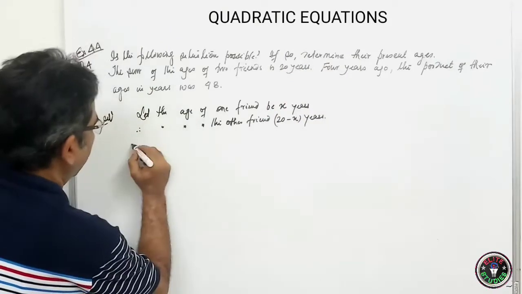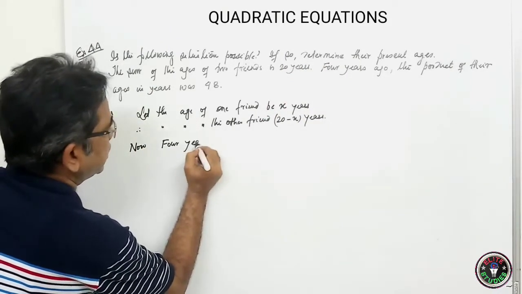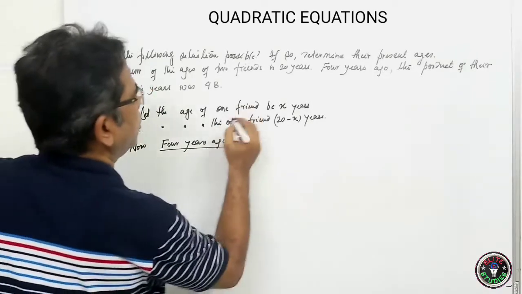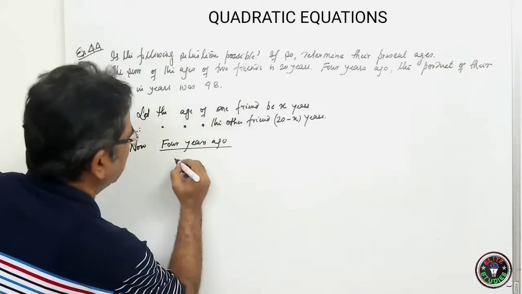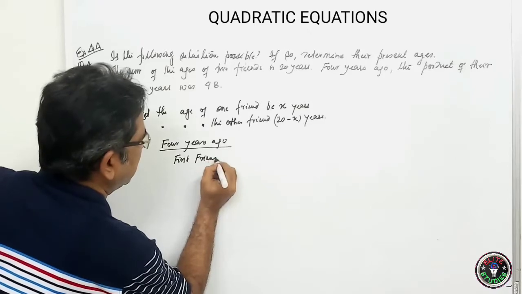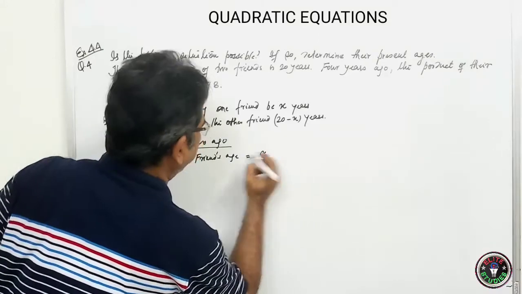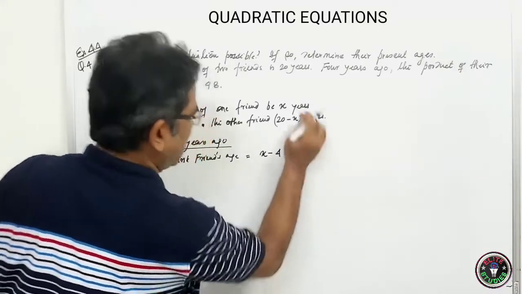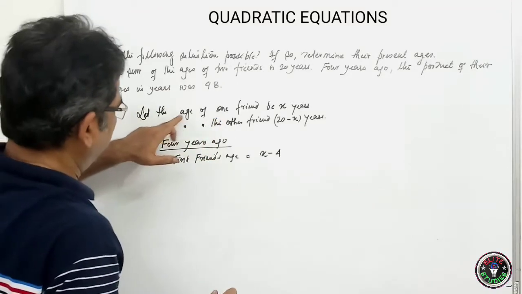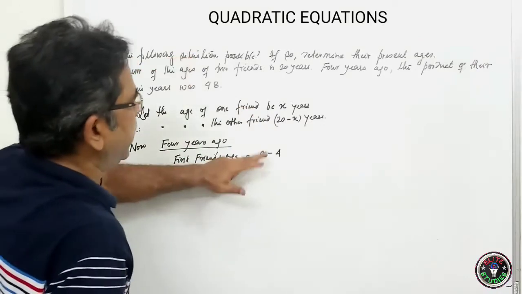4 years ago, the first friend's age was X minus 4, because the present age is X. So 4 years ago the first friend will be X minus 4.